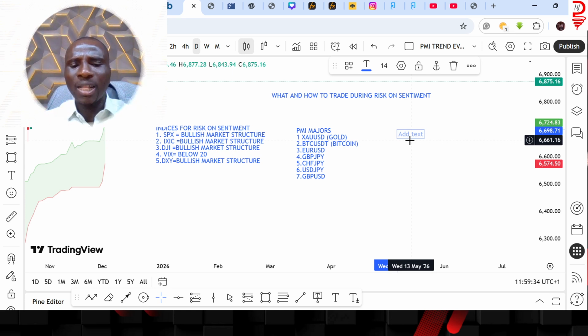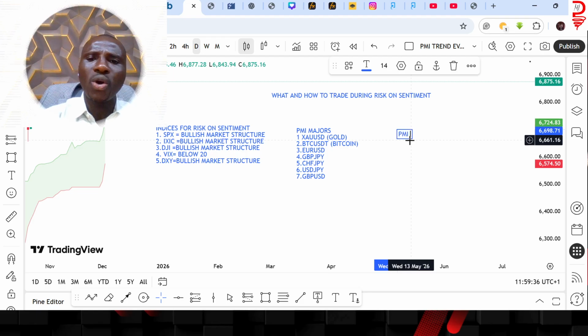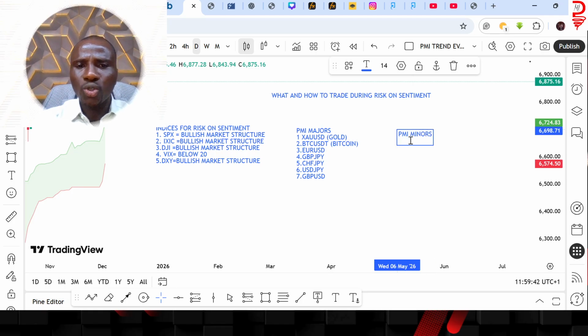So, at Potential Miners International, we also have PMI miners. These are assets that we also look at during our capital flow narrative, and especially when we want to follow a news event that relates to any of these assets.